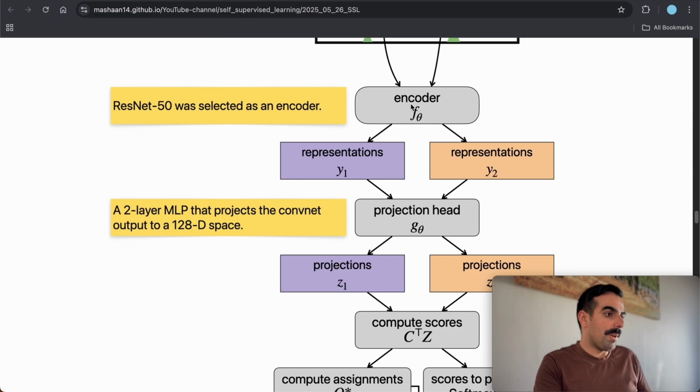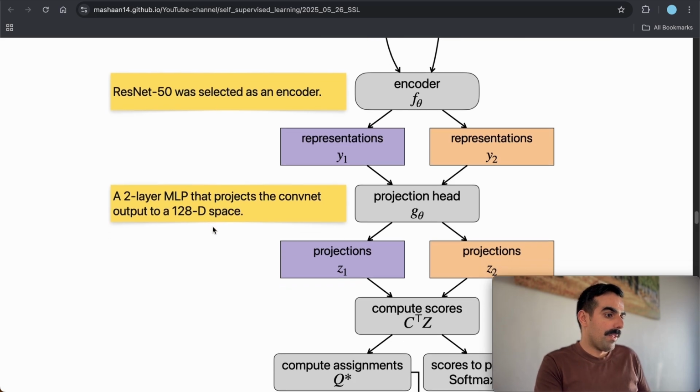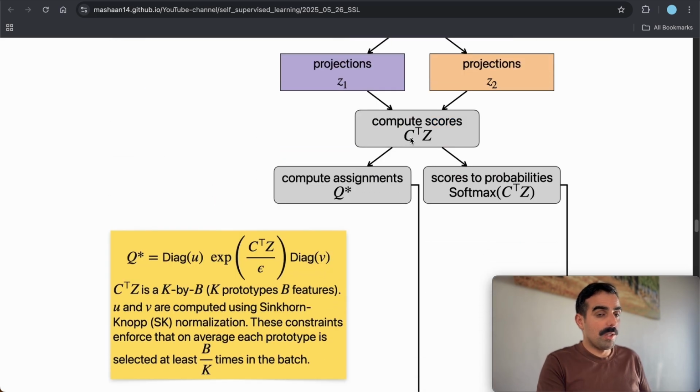We pass these global crops into the encoder, and ResNet was selected for this paper to get their representations. Then the projection head, which was a 2-layer MLP, outputs a tensor with 128 dimensions for the channel dimension, and we get the projections. We compute the scores by multiplying C transpose by Z. Z is the matrix for the projections, and it goes from Z1 to ZB, where B is the batch size.